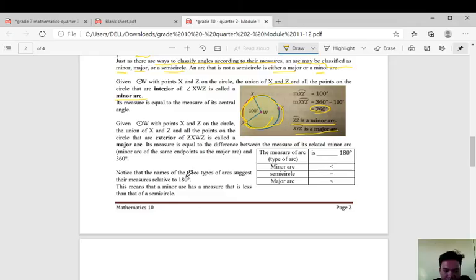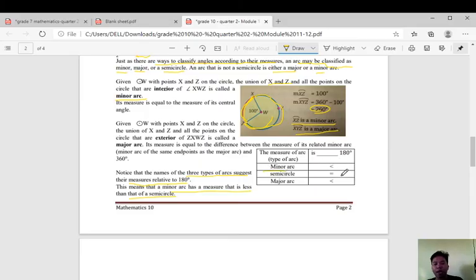Notice that the names of the 3 types of arcs suggest their measures relative to 180 degrees. This means that a minor arc has a measure that is less than that of a semicircle. So, as you can see in our table, if an arc has a measure that is less than 180 degrees, or less than a semicircle, then that would be a minor arc.